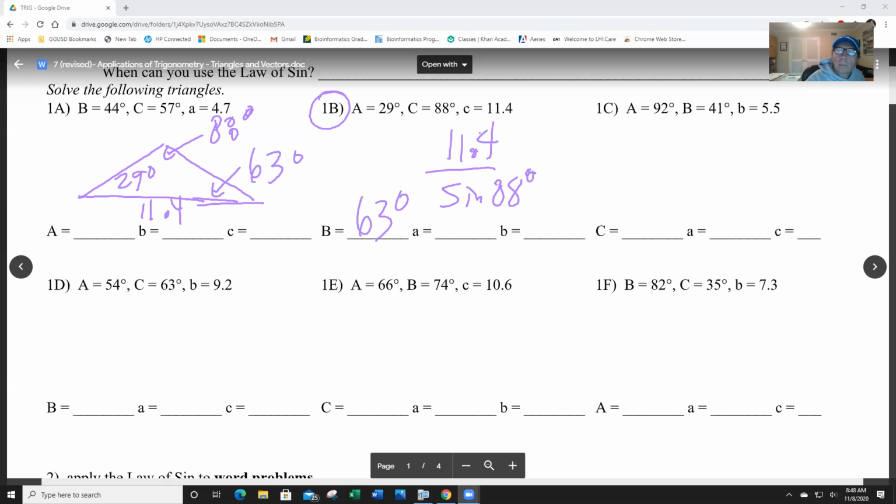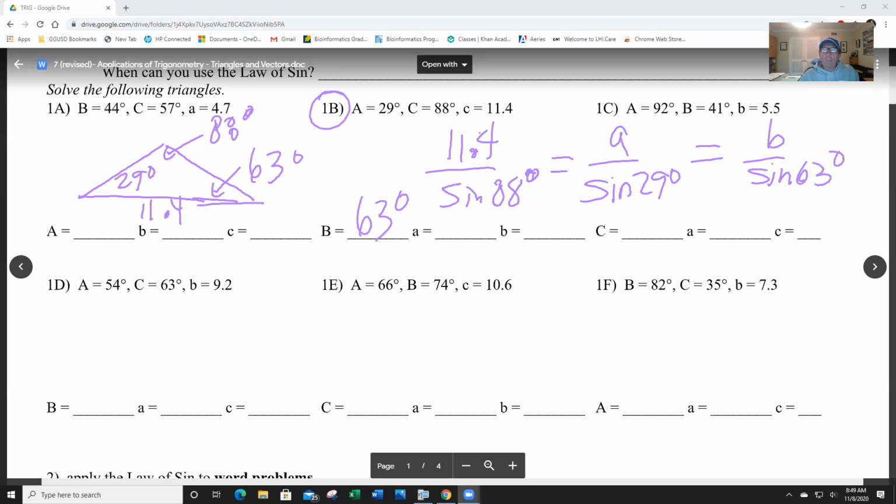11.4 over the sine of 88 degrees equals A over the sine of 29 degrees equals side B over the sine of 63 degrees.